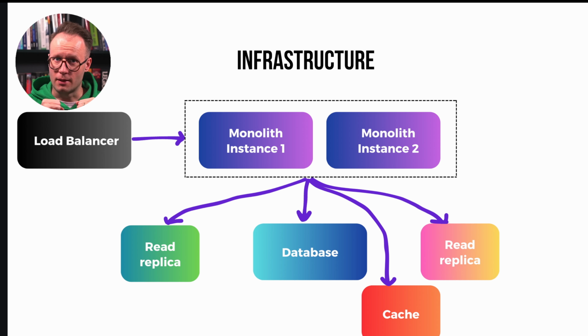There is another problem: we need to somehow push our traffic, so all the requests that are coming from the outside, to different instances, and to do that we need yet another component. This component might be a load balancer that will be load balancing the traffic between different instances of our modular monolith. And probably you can already see that it's not that trivial.